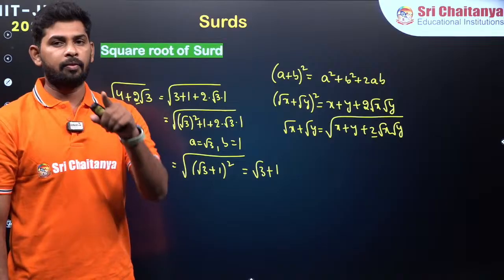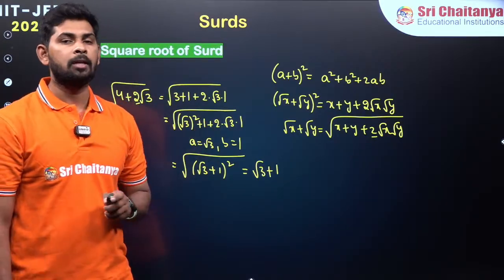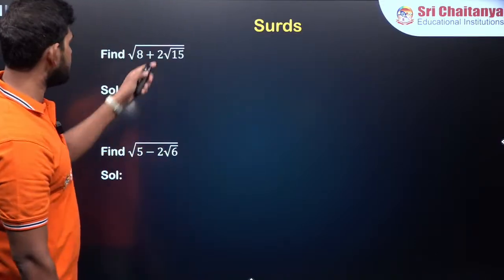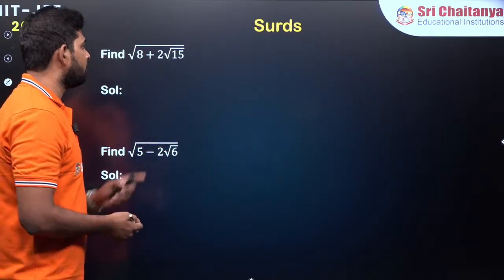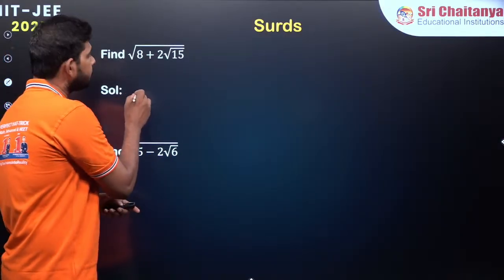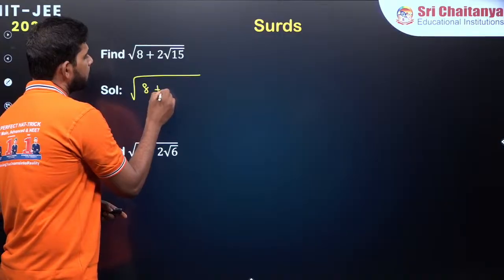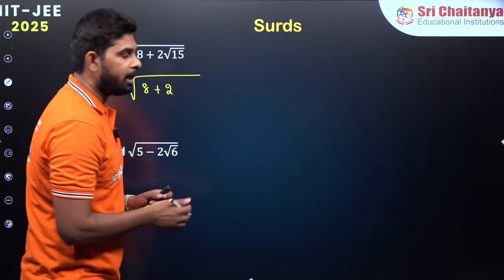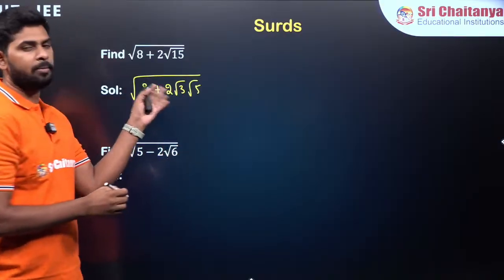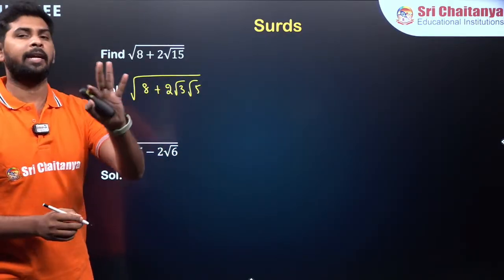In the further slides, we are going to learn more of this, and we are going to solve brilliant questions. Okay, now you can see root over 8 plus 2 root 15. I am going to give this one. You have to solve this one, right? So I am taking here root over 8 plus 2 into root 15, and 15 can be taken as root 3 into root 5. I am just writing the factors. I am just checking whether the sum of the squares is going to be 8 or not, right?